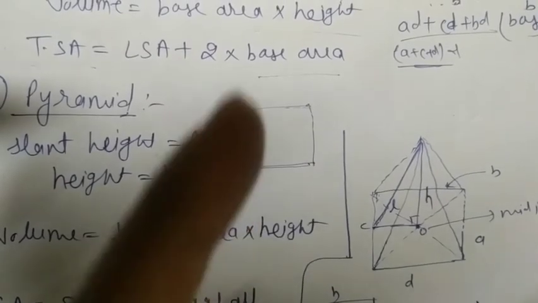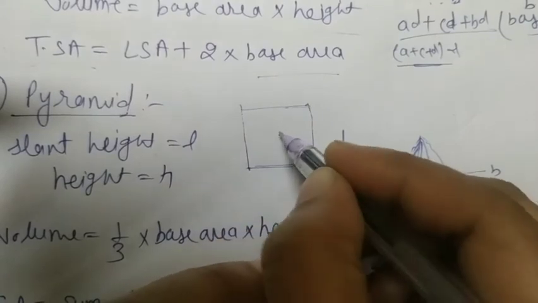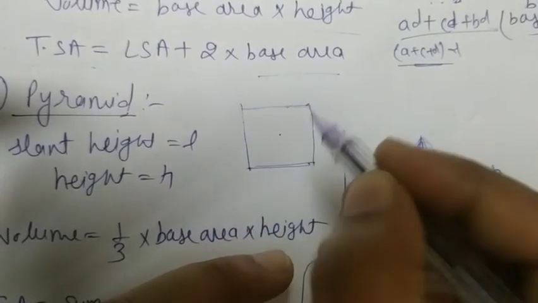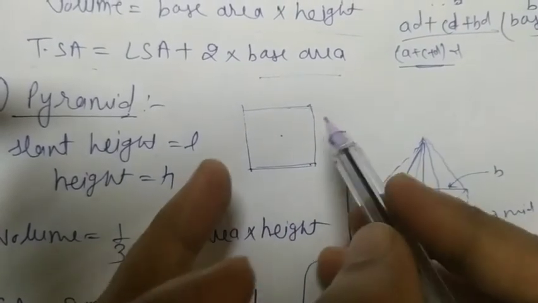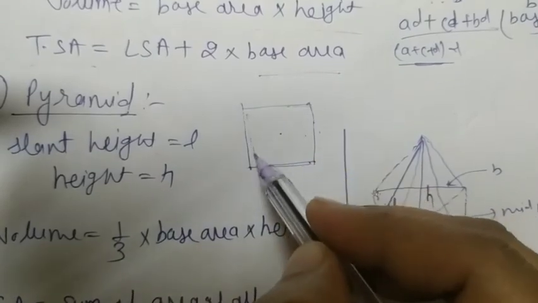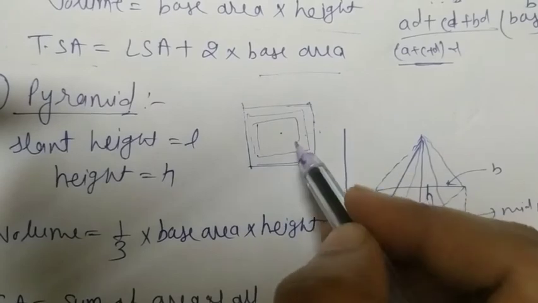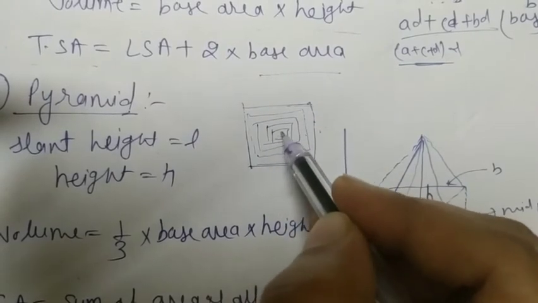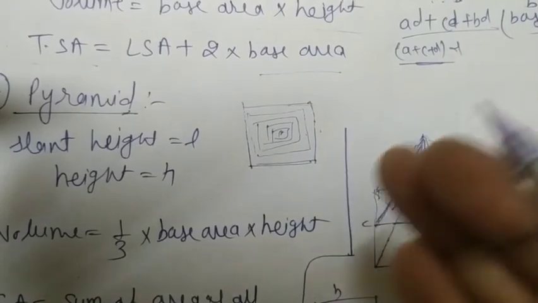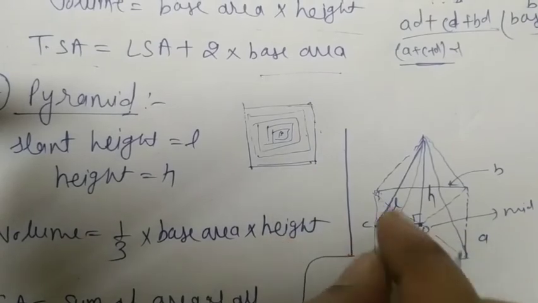Suppose I take up to this point, there is one height, and taking this point I join all of them up to the height. It means I am taking a similar figure of this but smaller than this. First I put this, again this and this, like this I am making a tower. The figures are similar but each new figure is smaller than the previous one.